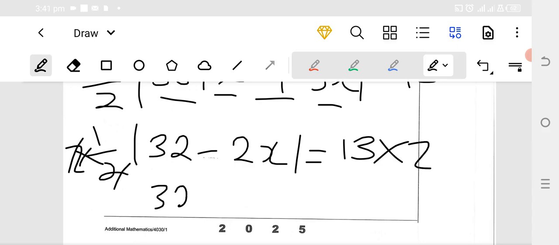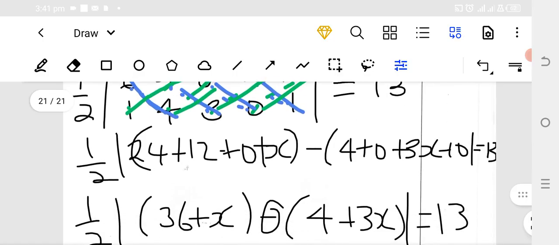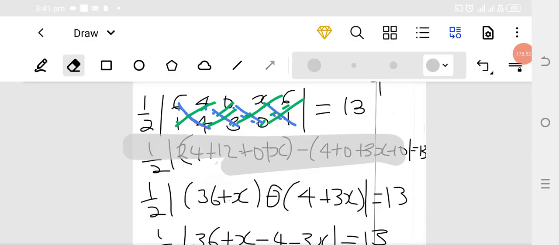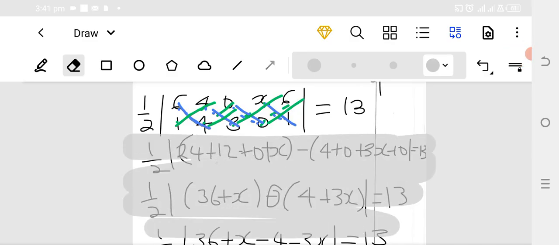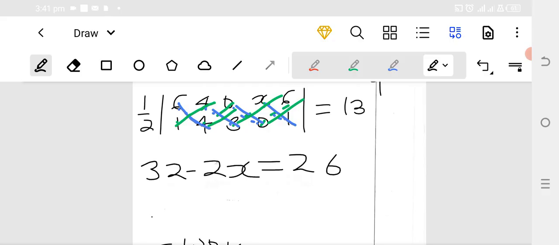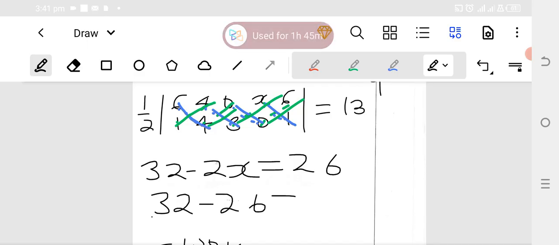So 32 minus 2x is equal to 26. We take the 26 the other side, is equal to 2x.